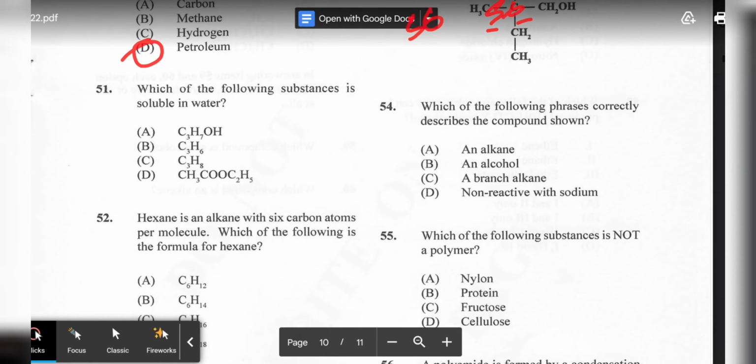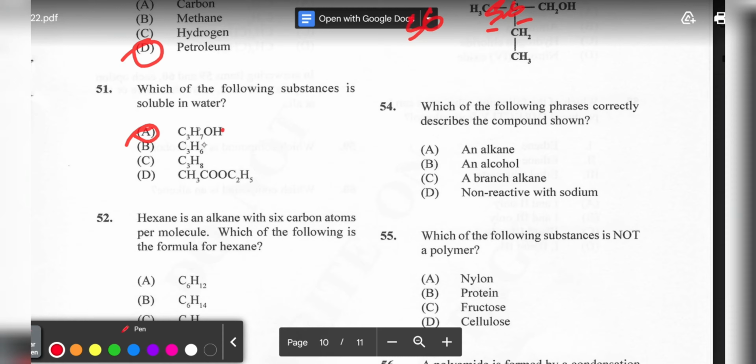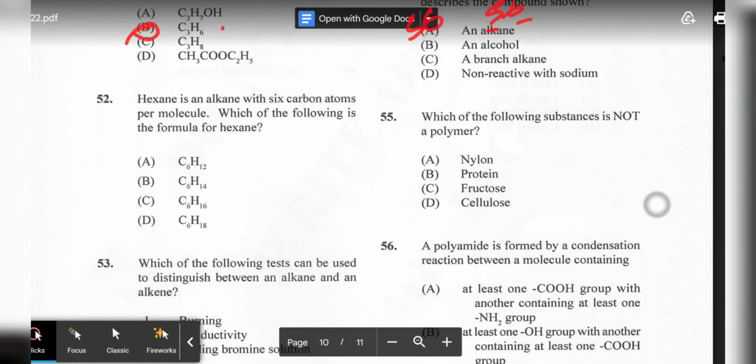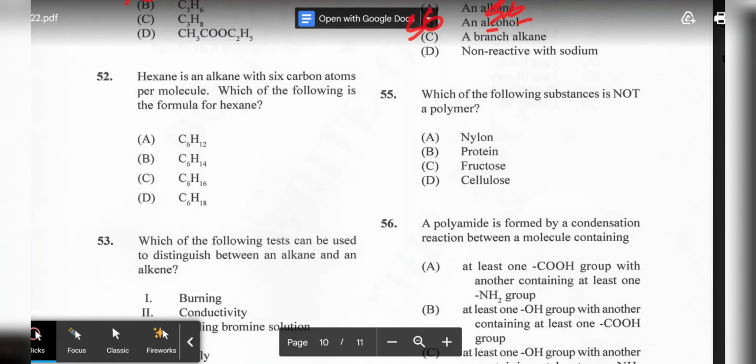And the best answer here is going to be the alcohol. The alcohol has this thing right here, the OH group, which confers some polarity to the molecule. This is an ester. So esters are usually not polar. So that's not going to work. And definitely not these two in the middle. Right. And as I said that, pay attention to the fact that two of your answers are going to be completely outlandish. Okay, and then the next two are pretty close.